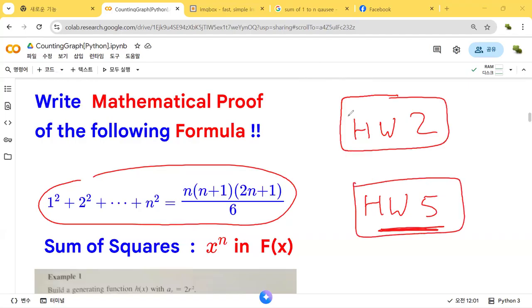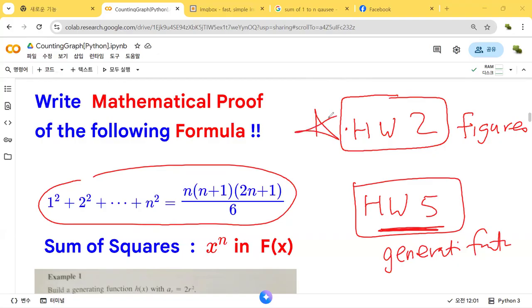So it's a little bit of a geometrical proof, okay? We may use figures, and in homework 5, we may use the generating function method.